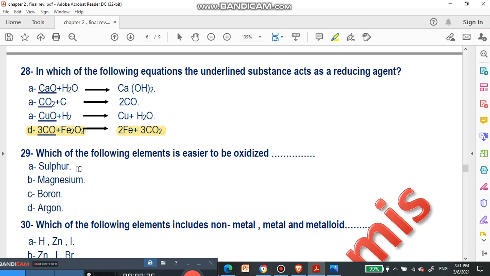We have here magnesium and boron. Which one will be easy to be oxidized? Magnesium has 2 electrons in the outermost energy level, so it is easy to lose electrons. So the right answer will be number B.